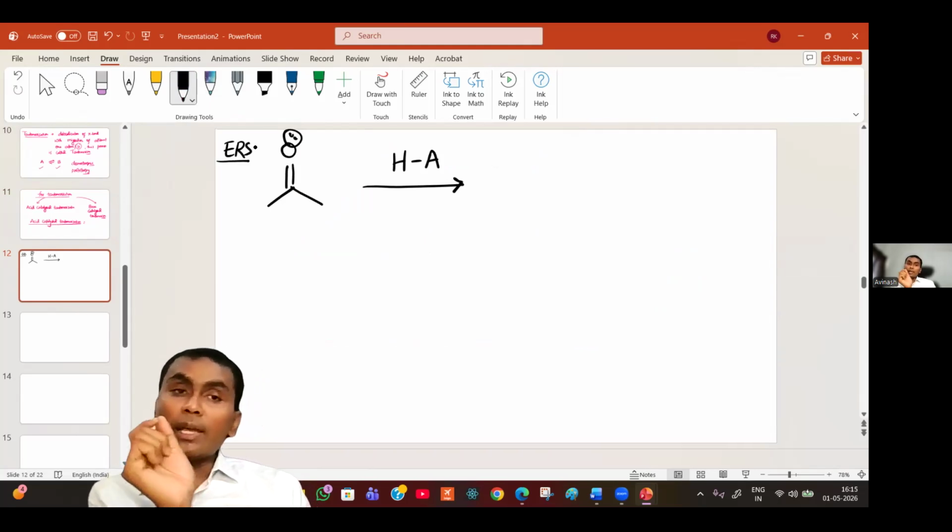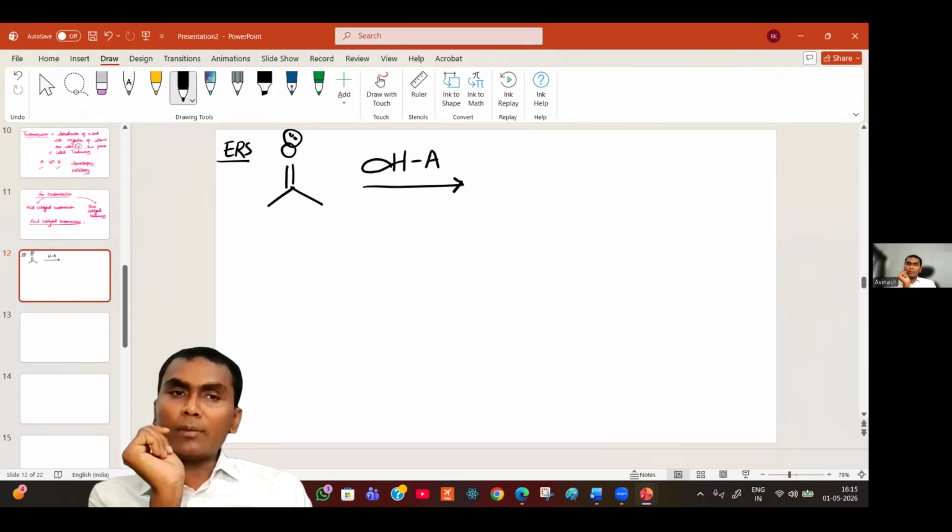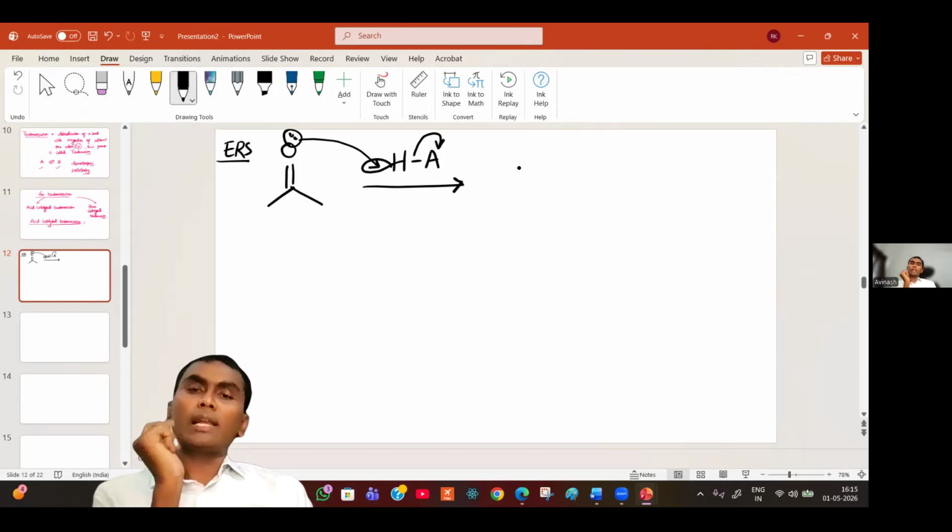What is the function of the electron-rich species? It loves H plus ions and has a tendency to trap H plus ions first. So this will take part from the back side, from the anti-bonding side, and this bond goes on the more electronegative atom.